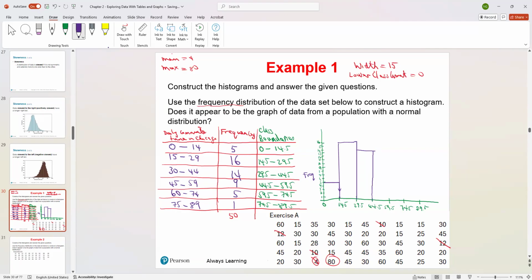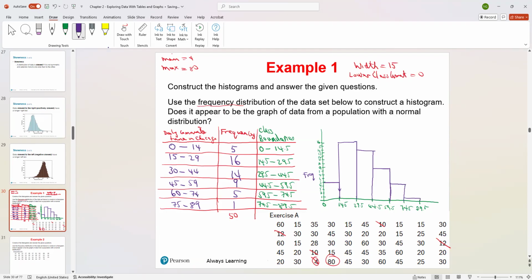Where 9 is located is somewhere here. I sketch it, so it's not exactly the same. Now, the next bar would be 5 again, so we go all the way down to 5. And the last one would be 1.